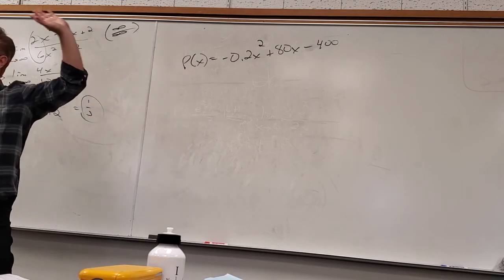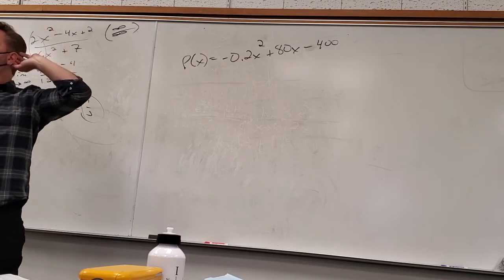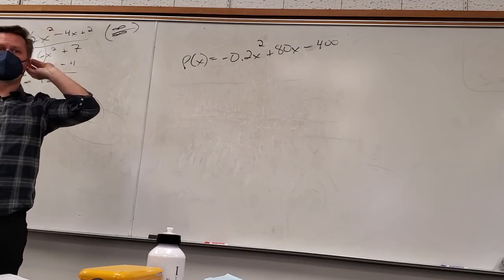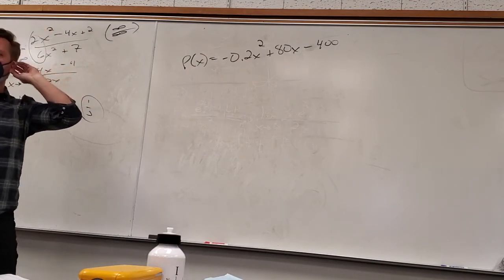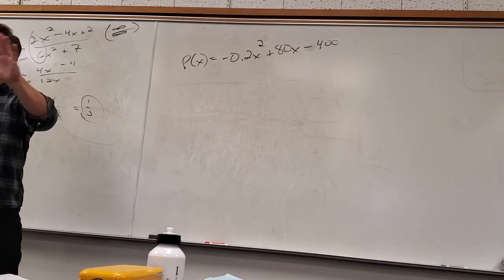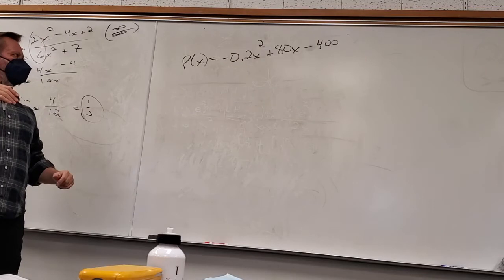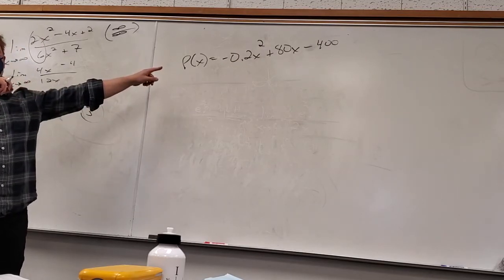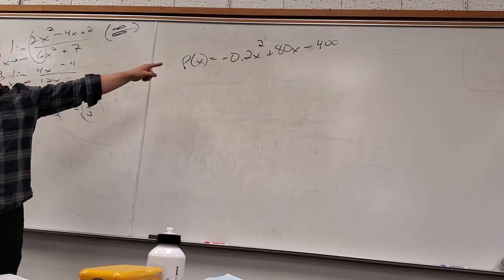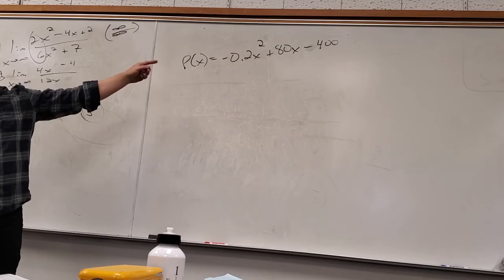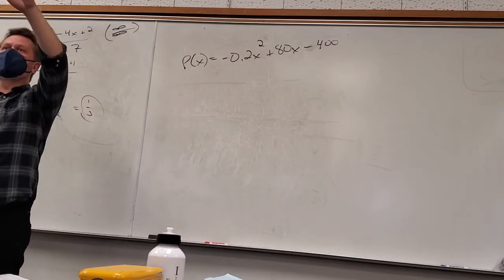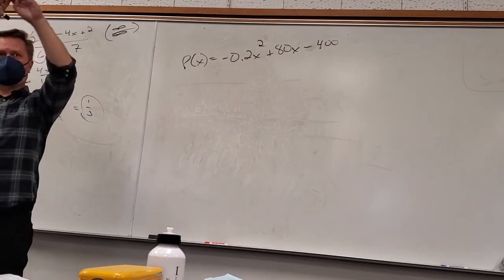What kind of function is it? It's parabolic, it's quadratic, right? So do I need calculus to know why there would be a maximum profit? What kind of parabola is this? It opens down, which we now know is called concave down, right?